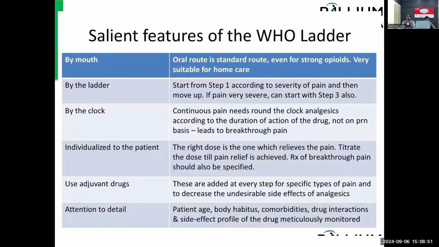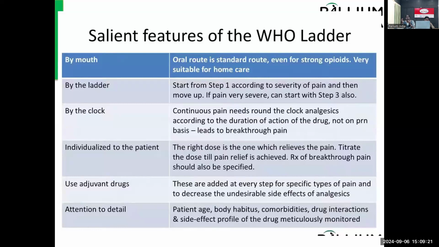Next one is by the clock. By the clock means if the patient has continuous pain, the patient needs round the clock analgesics according to the duration of action of the drug, because each drug has a different duration of action. For example, morphine has a duration of action of 4 hours, so while prescribing morphine, we give it four hourly, 5 mg or 10 mg.